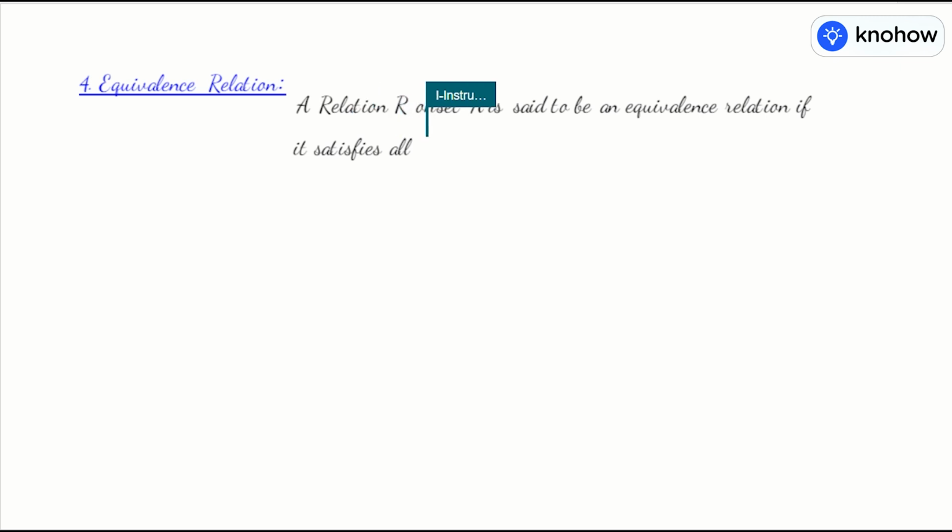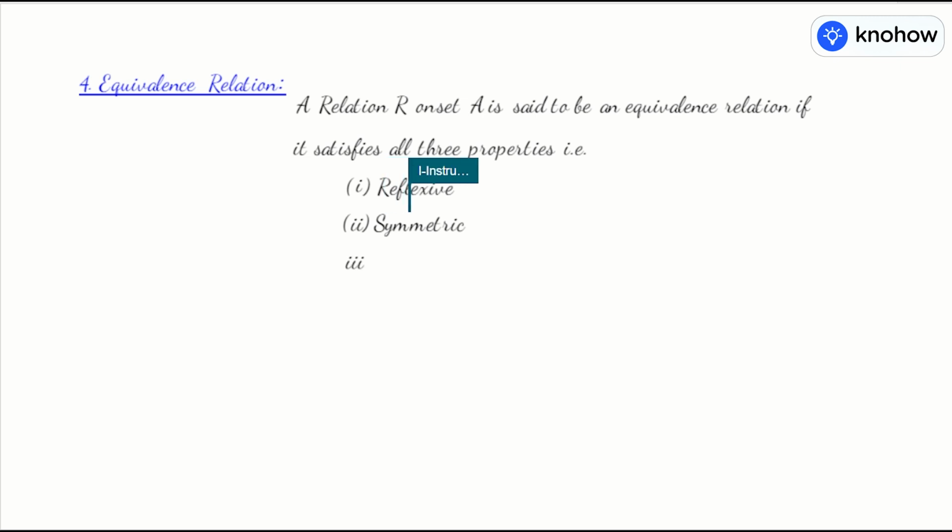What do I mean by properties? That it is reflexive, it is symmetric, and as well as it is transitive. So if a relation on a set A is reflexive, symmetric and transitive, satisfying all the three types, then it is said to be an equivalence relation.